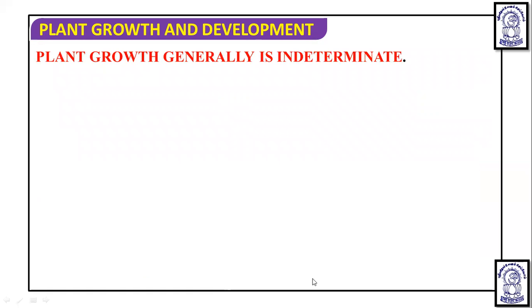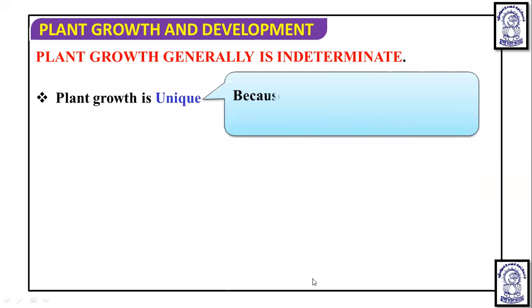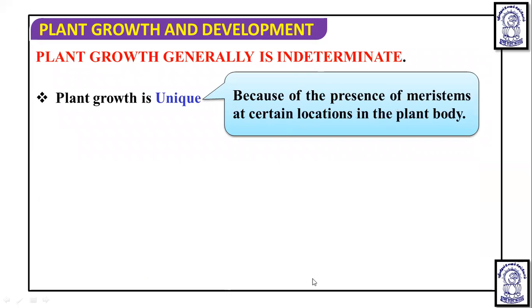So generally plant growth is considered as indeterminate, and it is obviously a unique feature because of the presence of meristem at certain locations in the plant body. So why is plant growth generally indeterminate? Because plants retain the capacity of unlimited growth throughout the lifespan.